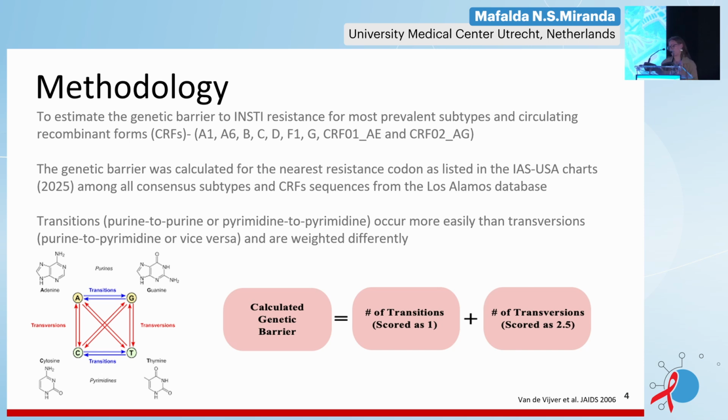So, as a little bit of context, transitions, which are purine to purine or pyrimidine to pyrimidine, which could be A to G or C to T, occur more easily than the transversions, that are purine to pyrimidine or vice versa, which is A to T or C to G. And the genetic barrier was calculated as the sum of transitions scored as 1, plus the number of transversions scored as 2.5.